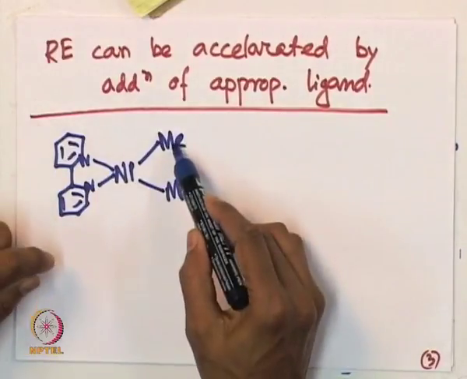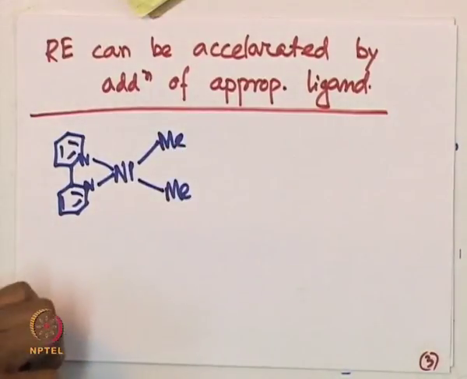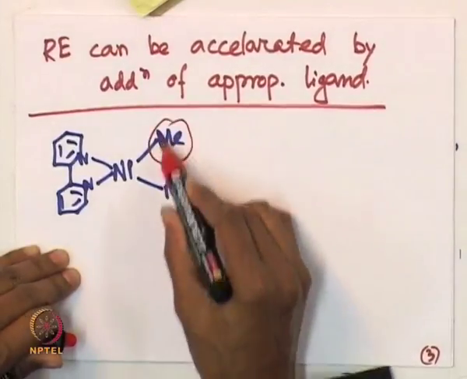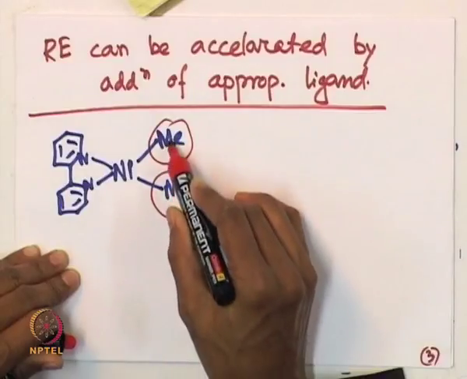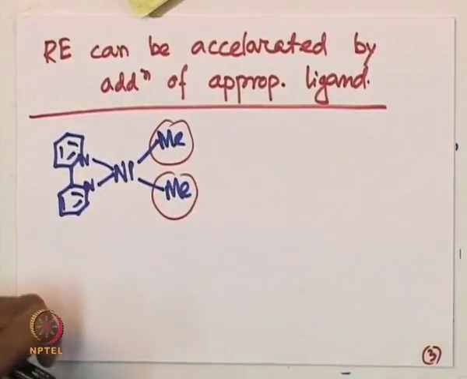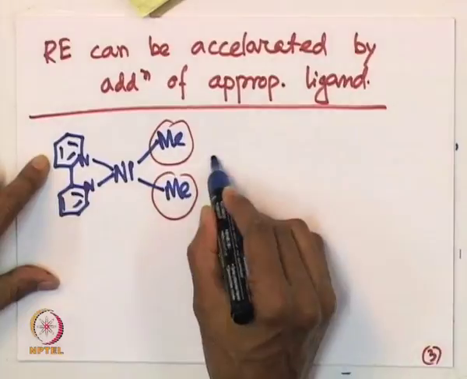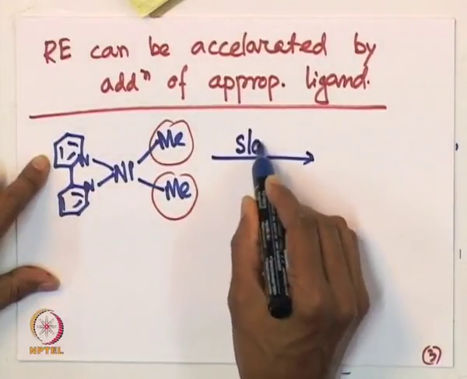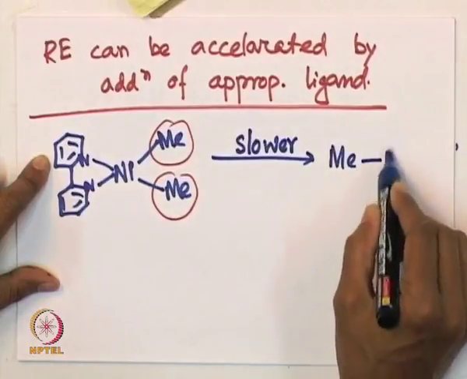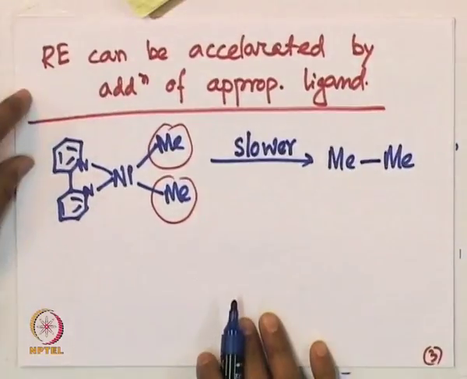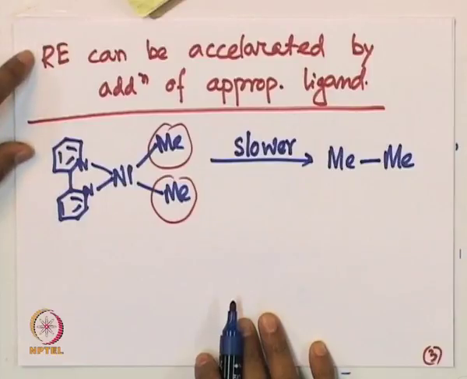Of course, this is A, this is B. So we are trying to promote reductive elimination so that a carbon-carbon bond between these 2 methyl groups is formed. Usually, if we try to do this reaction, we will see it's a slower reaction. Of course, you can try to heat it up, which usually promotes it, but still it's a slow reaction.